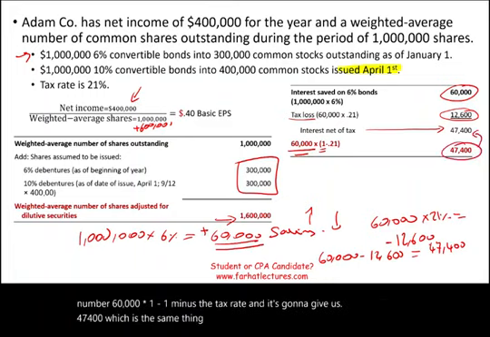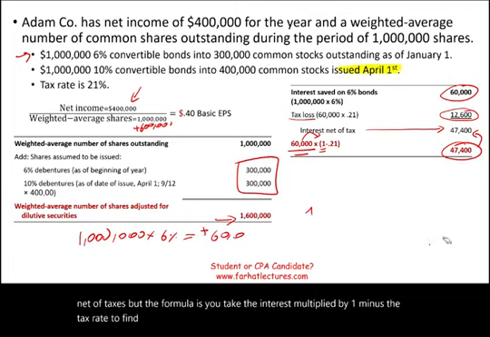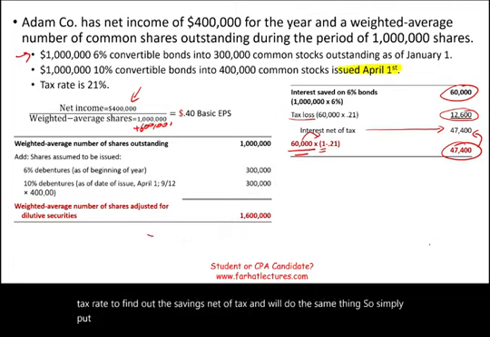I broke it down into two steps to show you what net of tax is. But the formula is you take the interest multiplied by 1 minus the tax rate to find out the savings net of tax. So simply put, what we have to do is add 47,400 to the numerator.